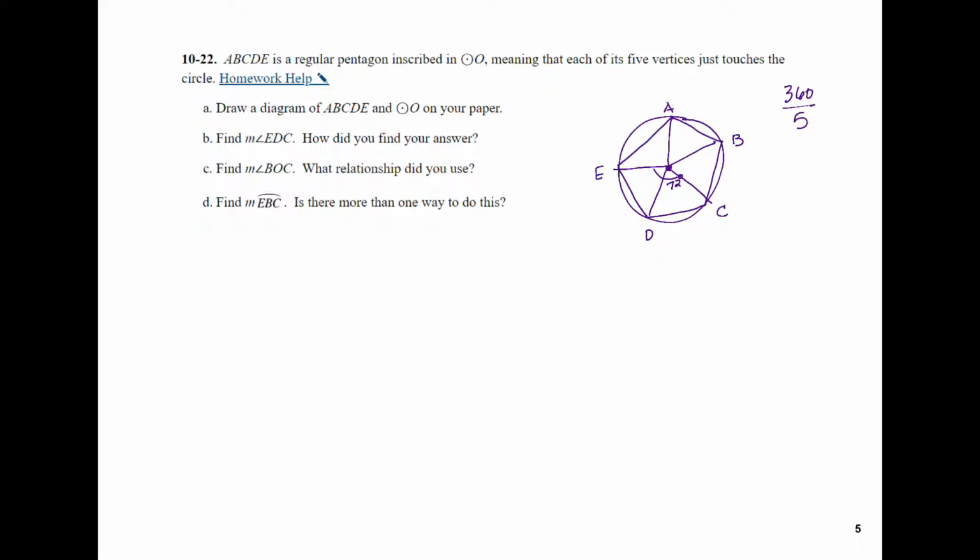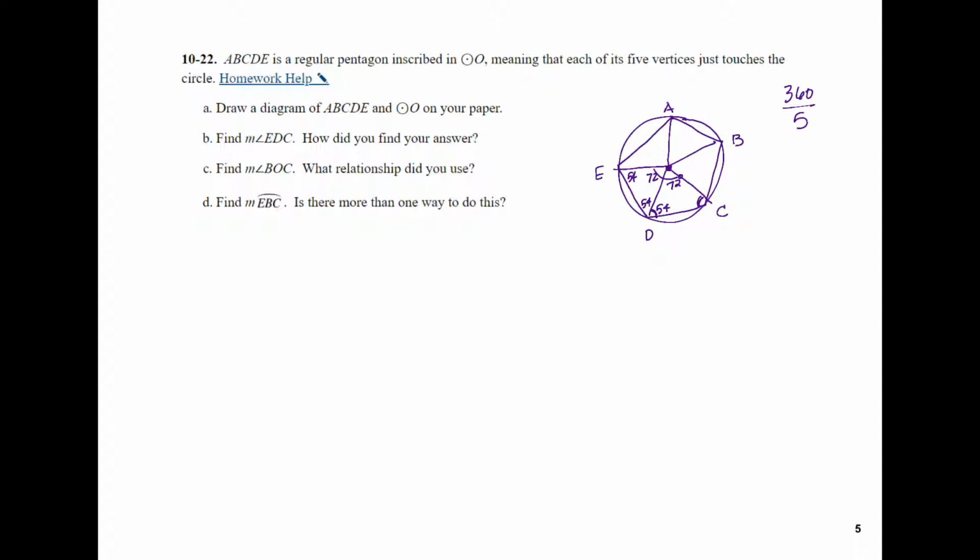If those are both 72, these base angles would be 180 minus 72, which gives us 108, divided by 2 means each angle would be 54 degrees.